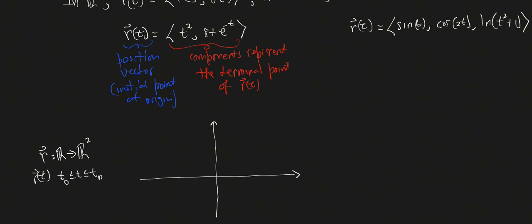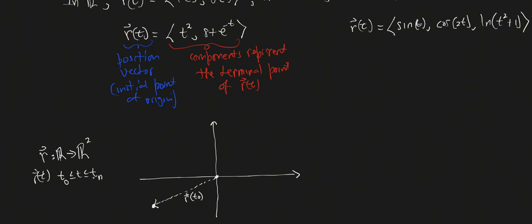Well, what I can do is take some value of t and plug it into my vector function and evaluate it just like I did previously. I would plug the value of t here, get a number, plug the value of t here, get a number. Then I would plot that vector. So I'd plot the vector, and I'll just plot it dashed like this. And then this would be its terminal point. So this would be the r of t0 vector, right?